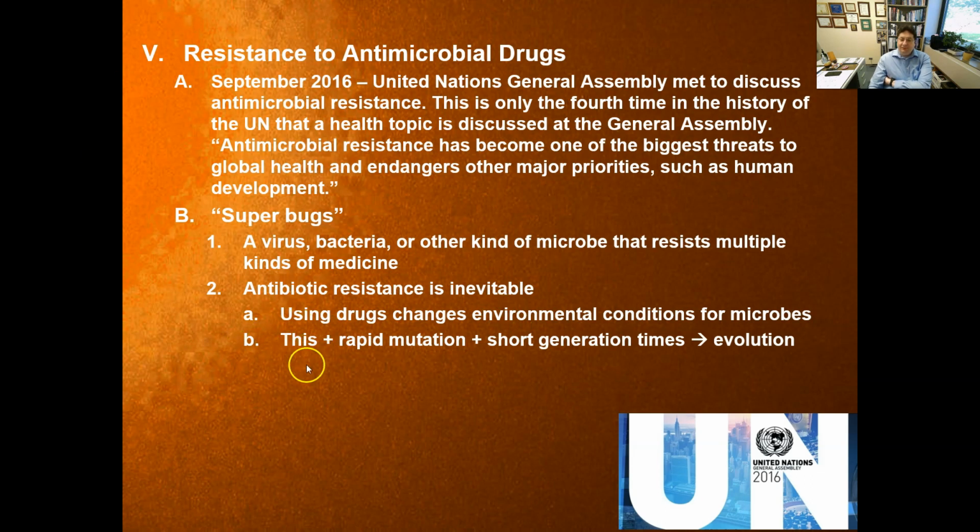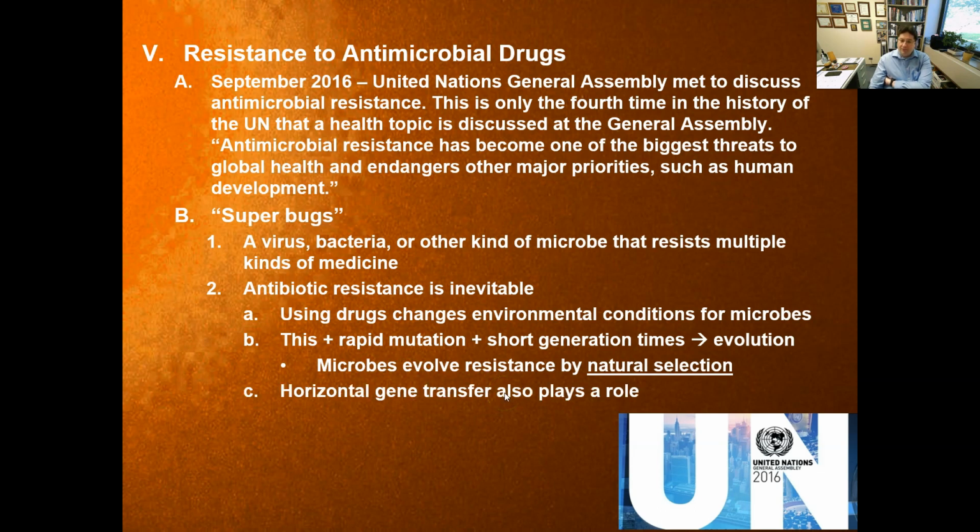When you change the environment, plus the rapid mutation rate of microbes, plus how fast they can reproduce, all that leads to evolution. Microbes evolve resistance through natural selection. Horizontal gene transfer also plays a role because it speeds up evolution.